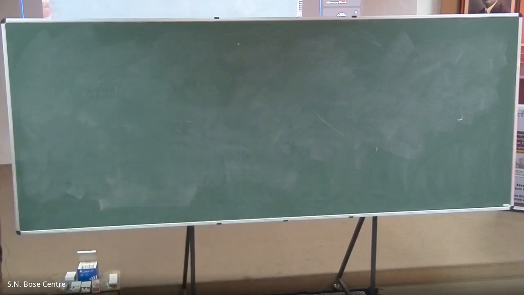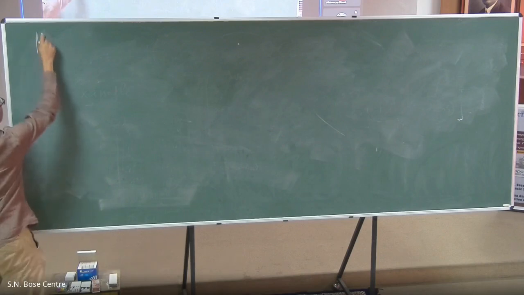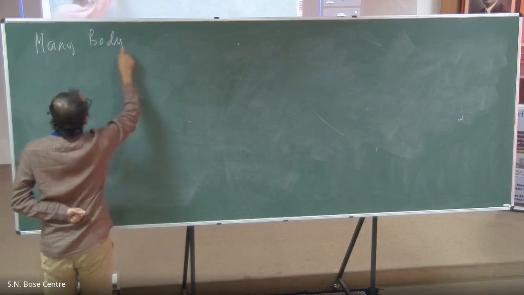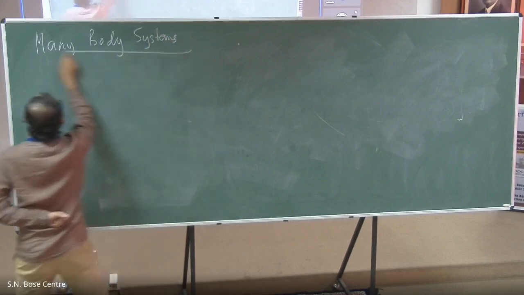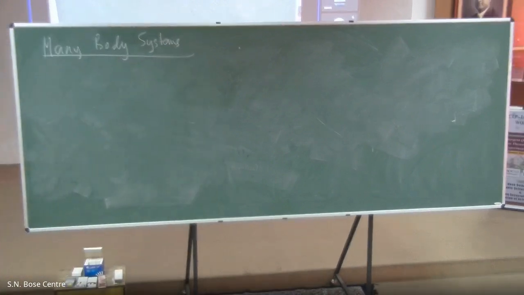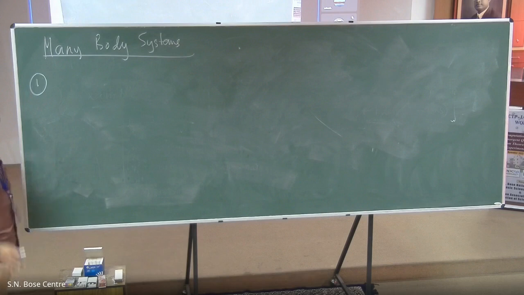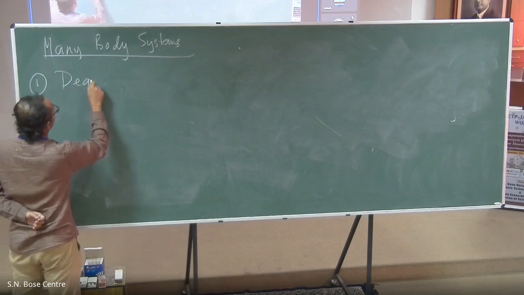So the first question that I'll start with is, how do we think about many body systems? There are various ways to start. One convenient way to start is to point out that there are 3 basic ingredients. We need to say what the degrees of freedom are.